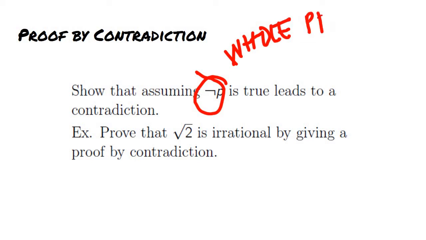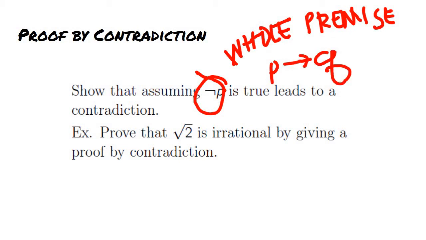This will be important later on. So it's important that you do not equate the negation of P here to the implication P implying Q. Again, this is not the antecedent. It is the whole premise. So if the premise is an implication, you're going to negate the whole implication.